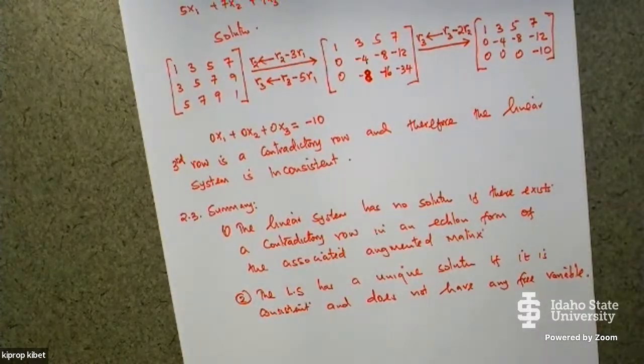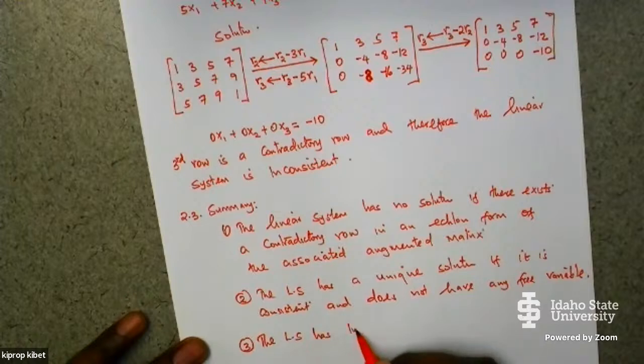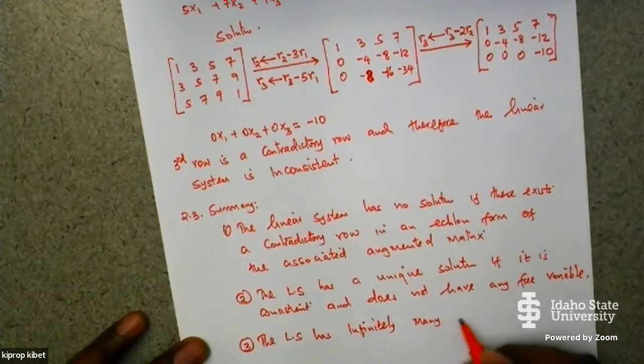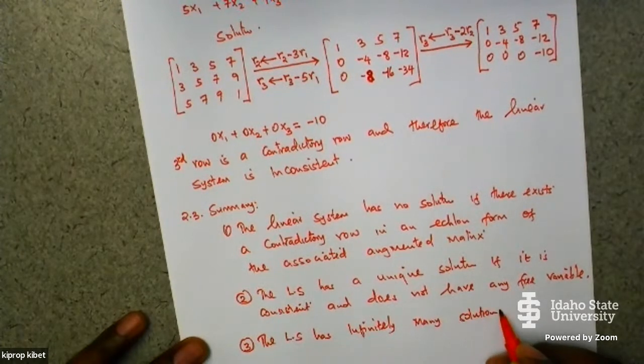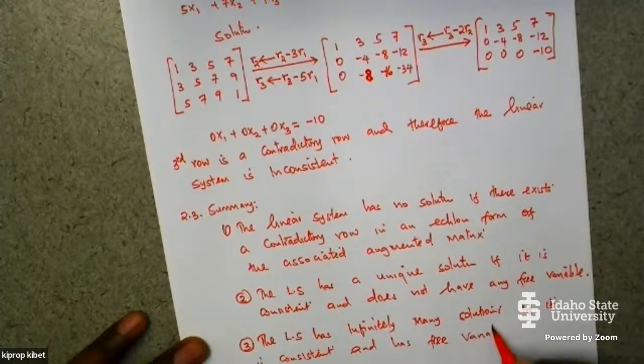And then lastly, the linear system has infinitely many solutions if it is consistent and has free variables.